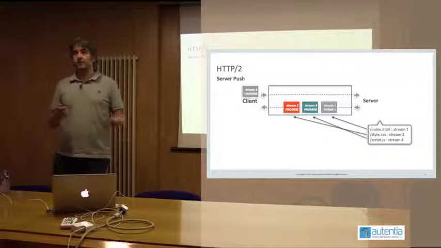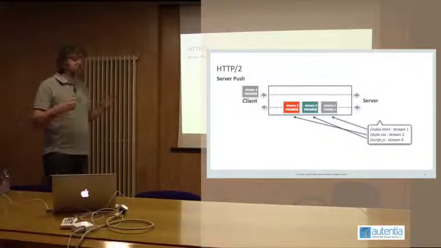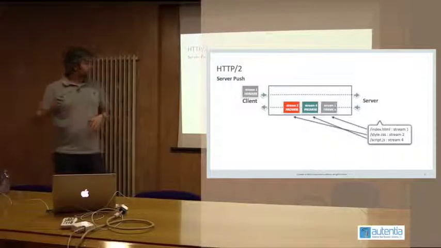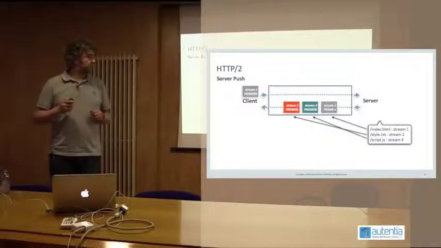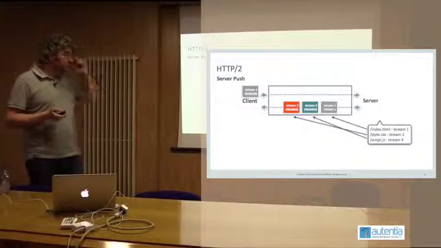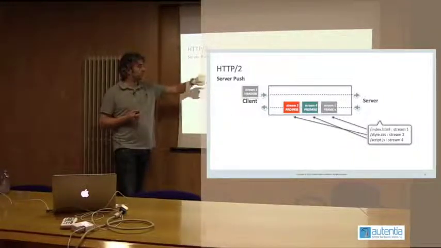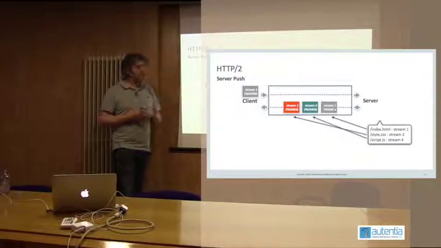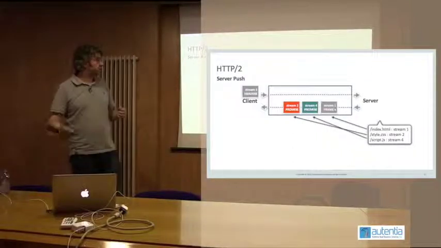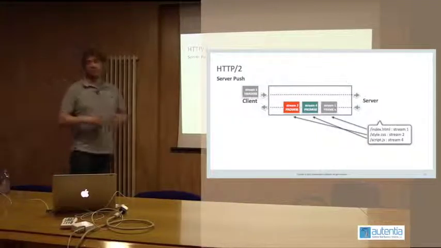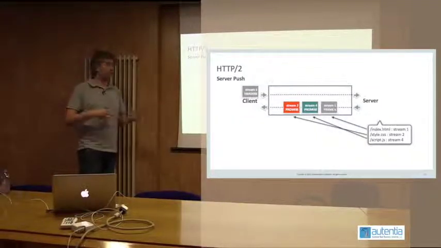So for that, the server will send specific frames. It's called server push promise, to push the style sheet and the JavaScript file. So the server basically tells the client, okay, you have asked for the index.html file, but I would like to push in your cache that style sheet and that JavaScript file, because I know that you will need them very soon.